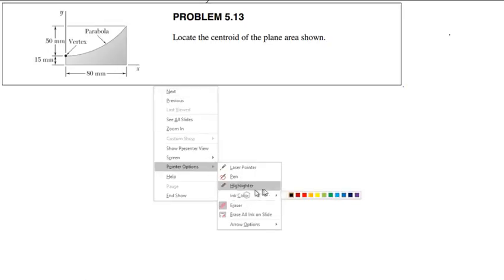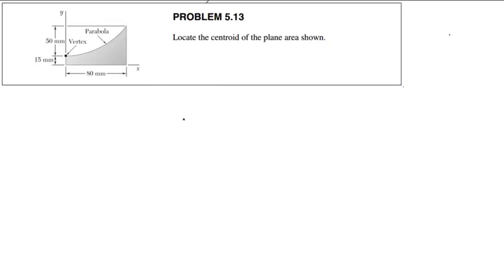Simple enough. Okay. So if we go again to that table with the formulas, this is a parabolic spandrel. A spandrel is a slight piece like this. Below it's a rectangle here, above it's a spandrel.